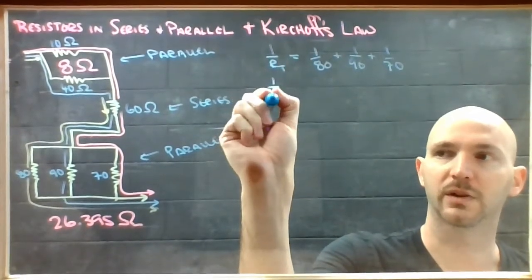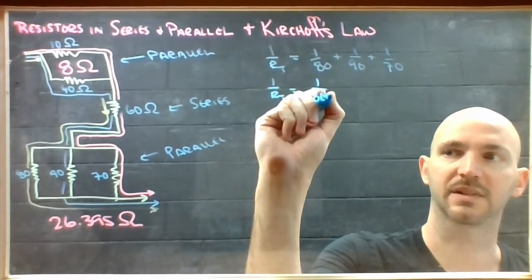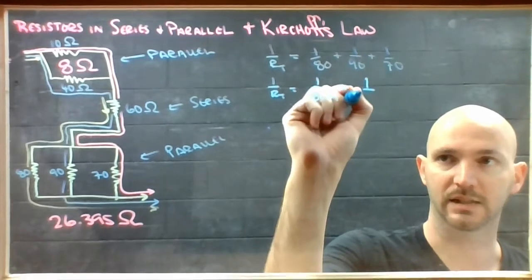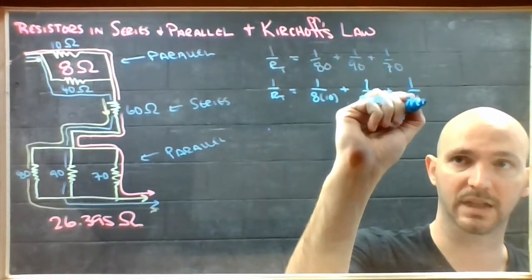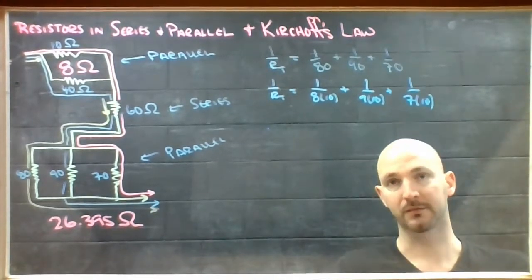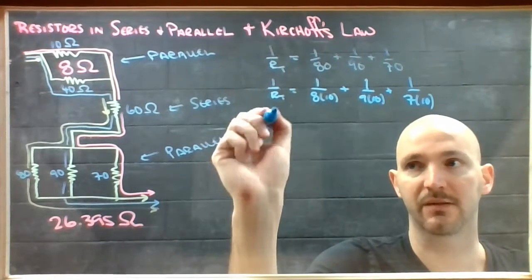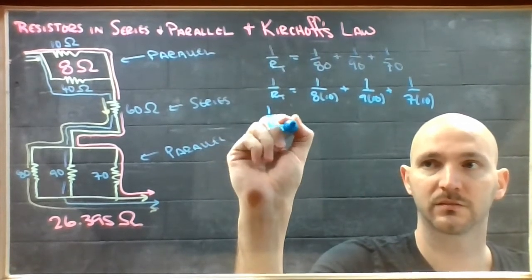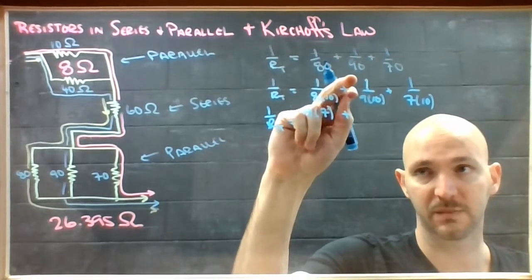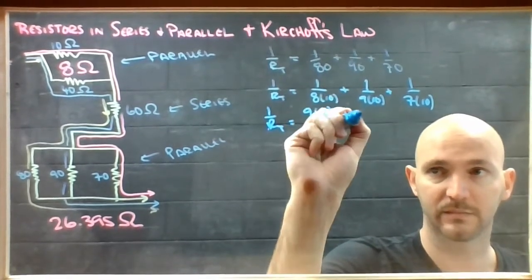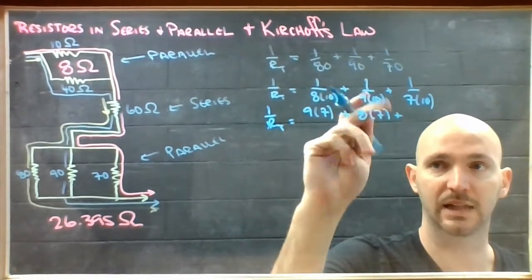So 1 over RT is, this is an 8 times a 10, this is a 9 times a 10, and this is a 7 times a 10. So this one is missing the factor of the 9 and the 7. This one is missing the 8 and the 7. And this one is missing the 8 and the 9.